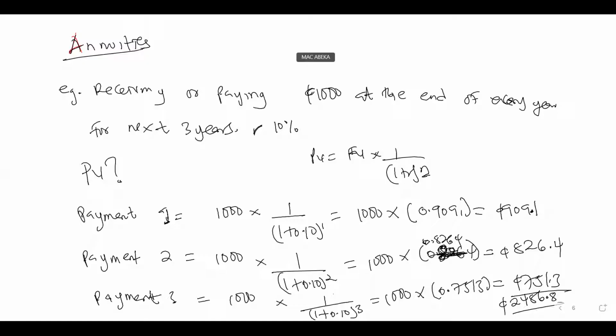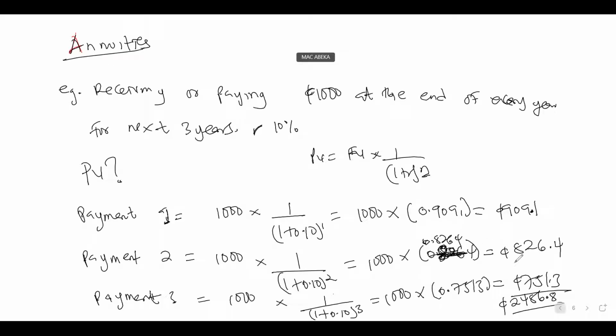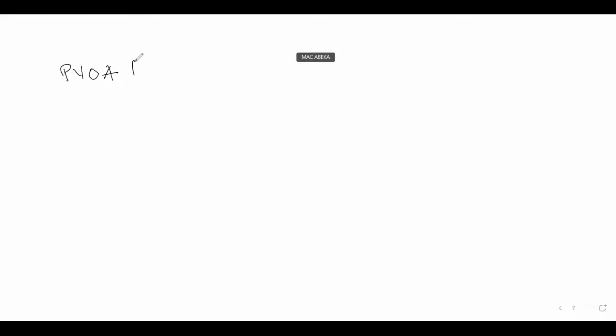So financial analysts say that you can just use the present value of ordinary annuity formula.